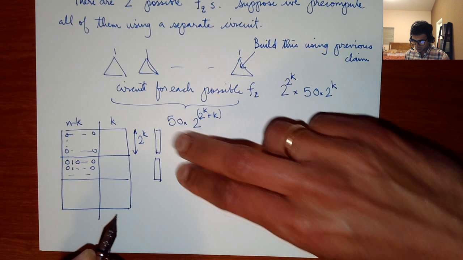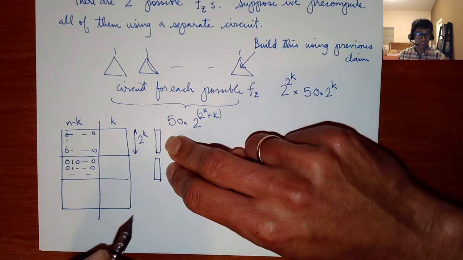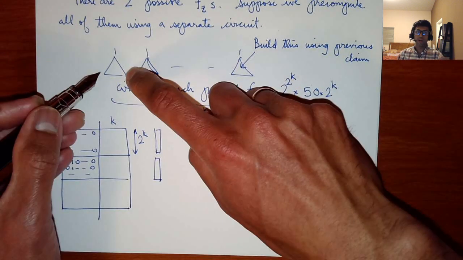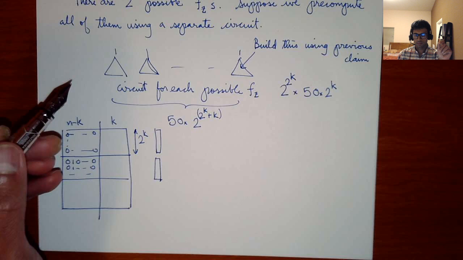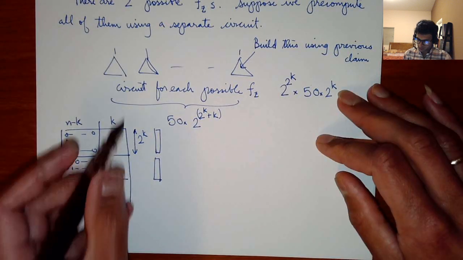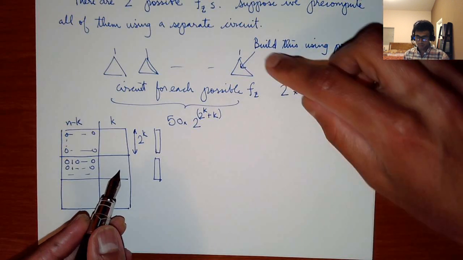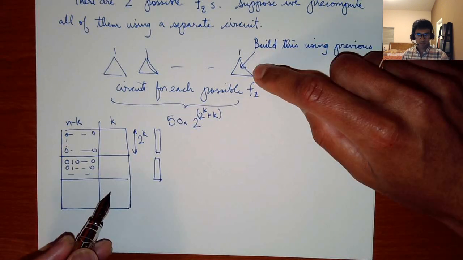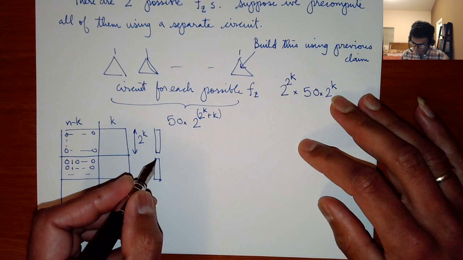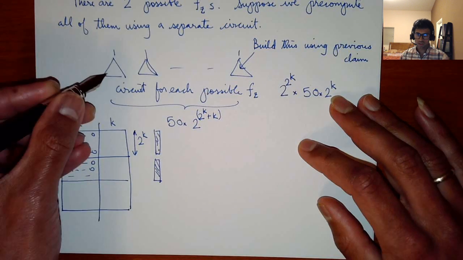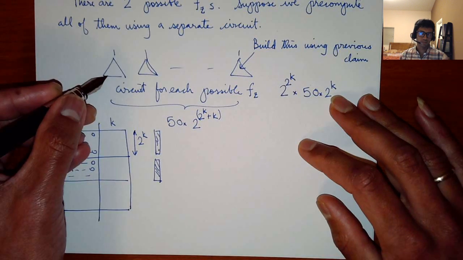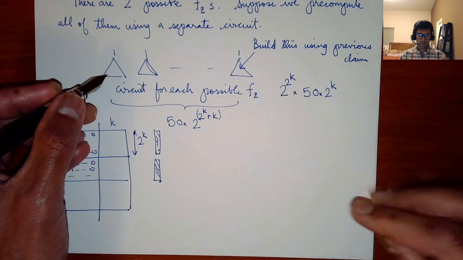Now, if these 2 truth tables were the same, they could just go and link up to the same circuit. So this is going to be one of these. The second one is going to be one of these. The third one is going to be one of these, so on and so forth. But whatever truth table you have over here is just one of the truth tables induced by those circuits.